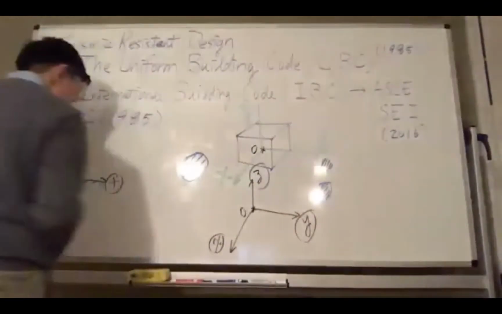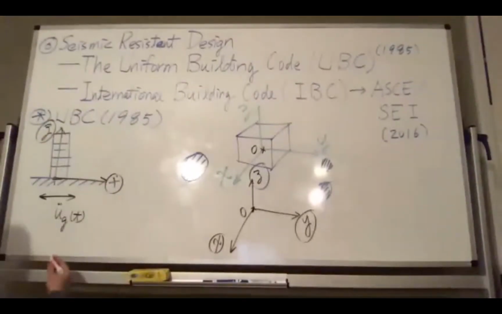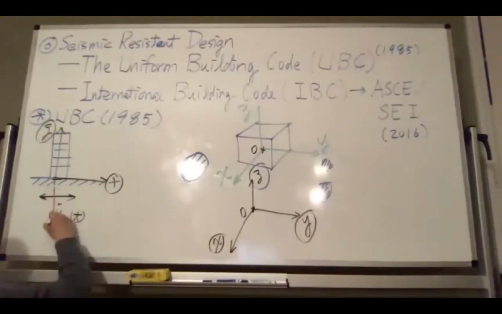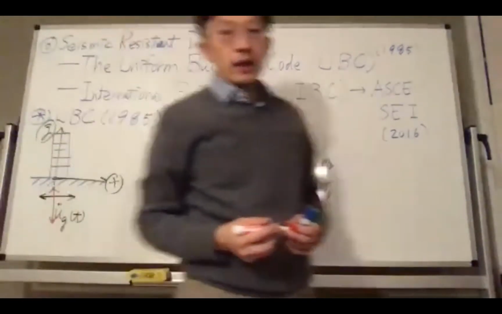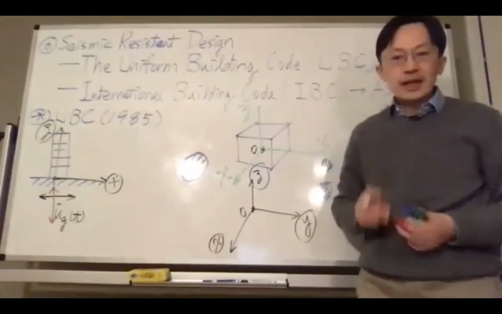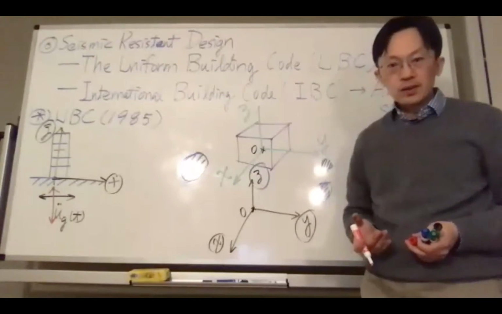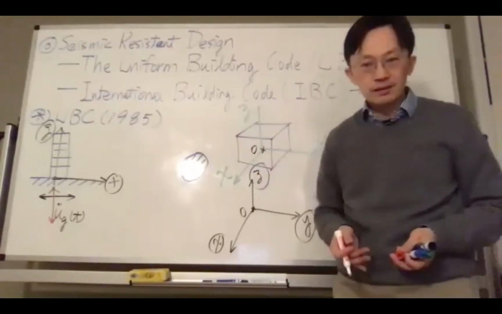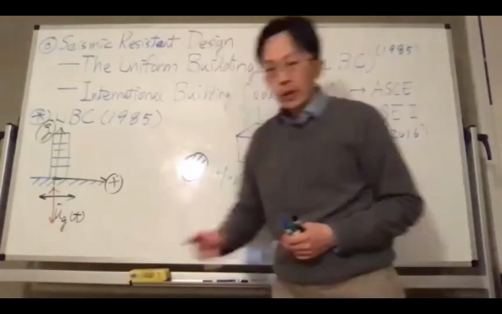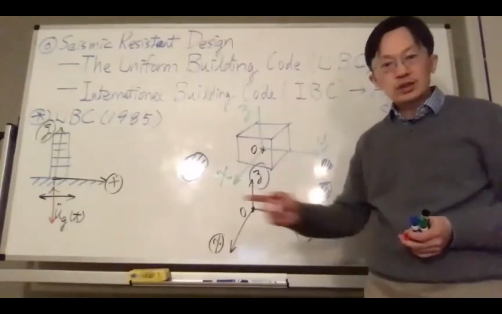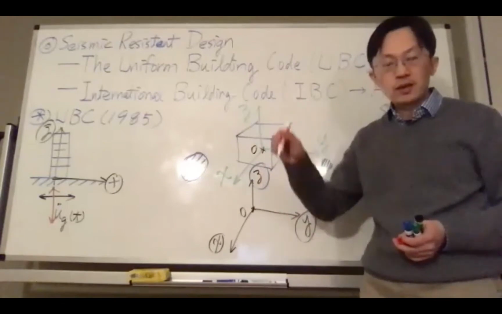Therefore, in theory, you should also consider the vertical if you want to come up with a seismic analysis with improved fidelity. You need to consider the earthquake loading, not just horizontal, but also vertical.